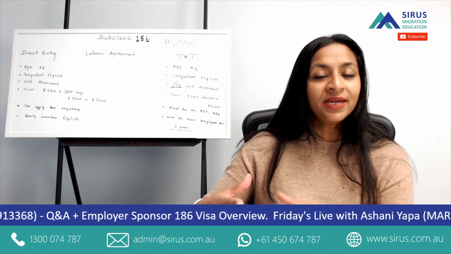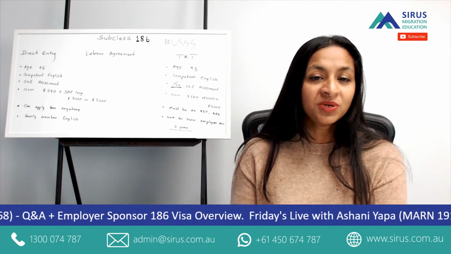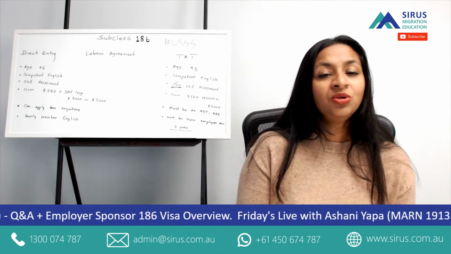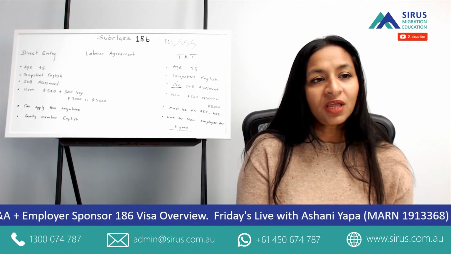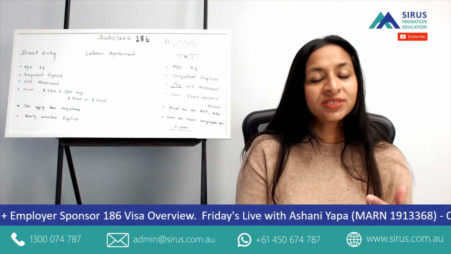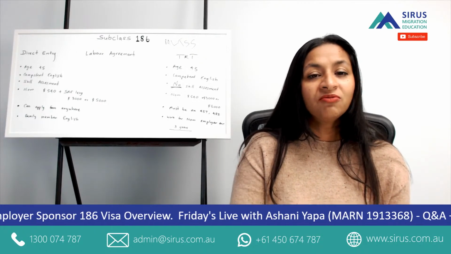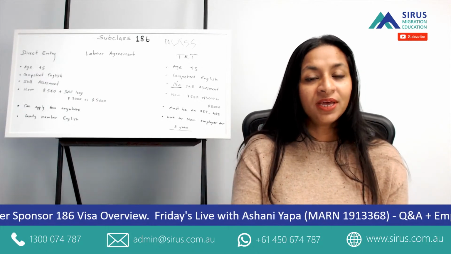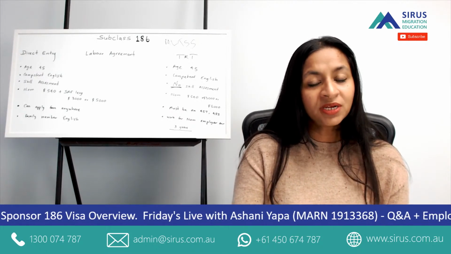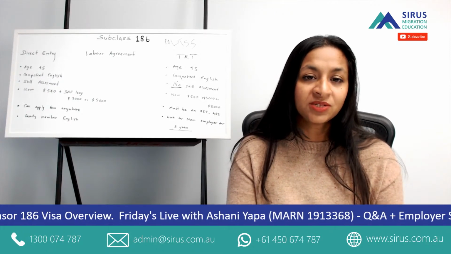So you first need the employer and the offer letter and all these documents from the employer, and then you fulfill your requirements, what I just mentioned earlier: your age, your English, your skills assessment, your family members' English. Once you fulfill all these requirements, then together with the employer's sponsorship and the nomination, you can apply for the visa, either subclass 482 or subclass 186.